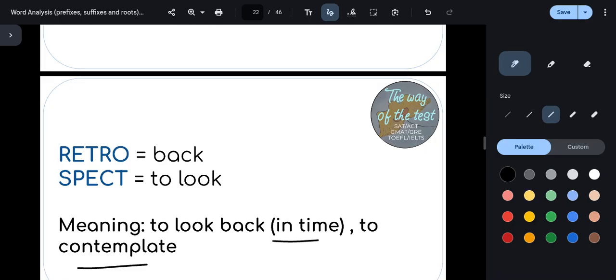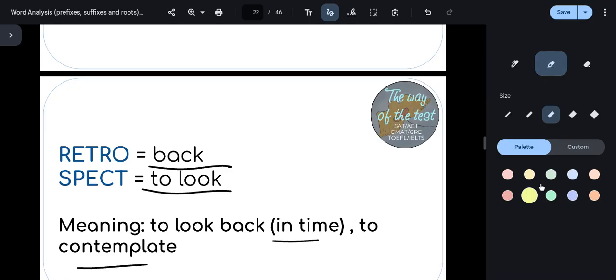Here I have a comment about this. Sometimes when we analyze the words using this method, you're gonna get the literal meaning: retro, back, spect, to look back, as in physically to look back, right? The thing is, this may have been the origin of the word, yes, but it may not be the meaning that is the most common meaning right now.